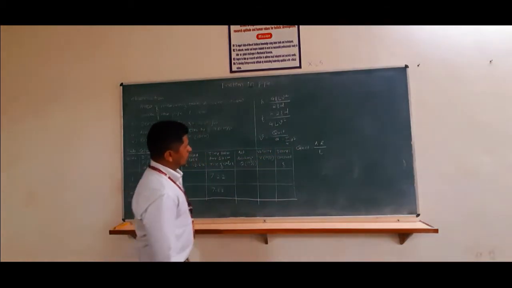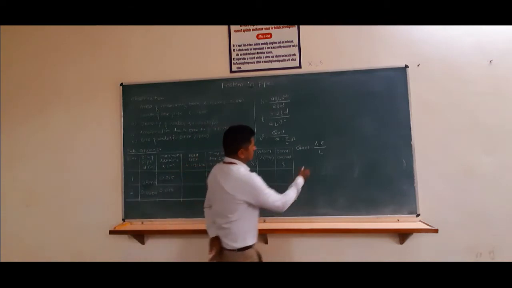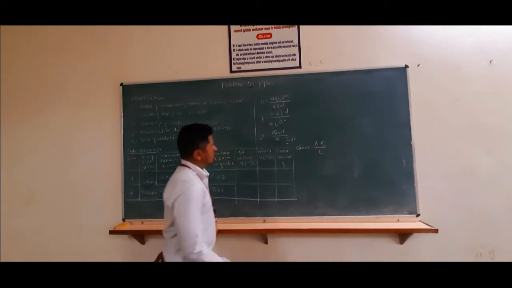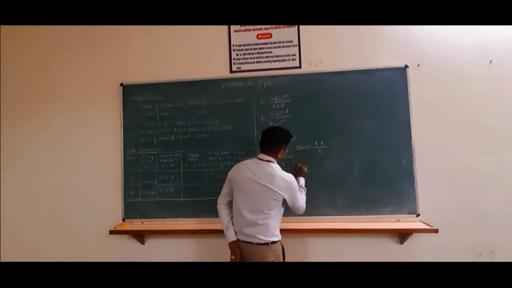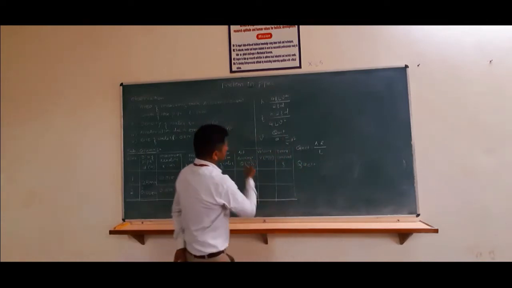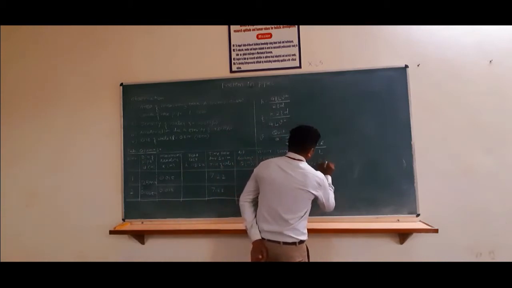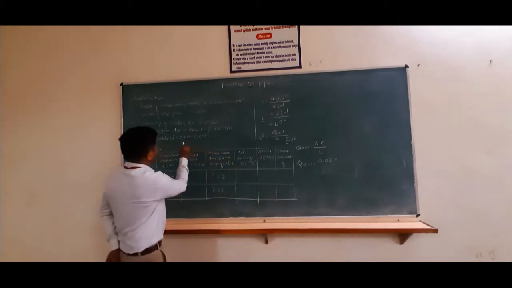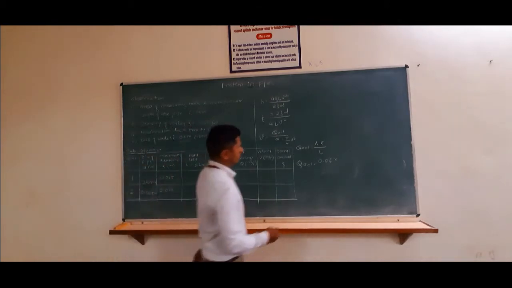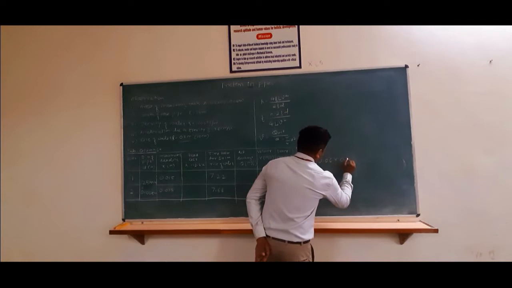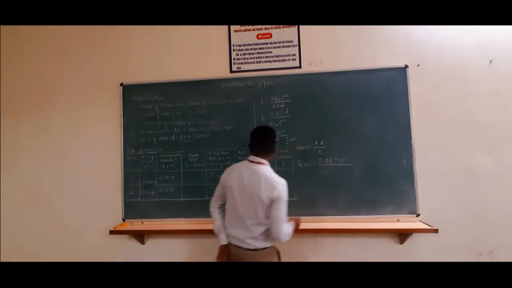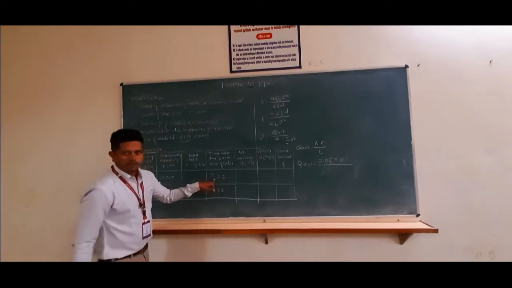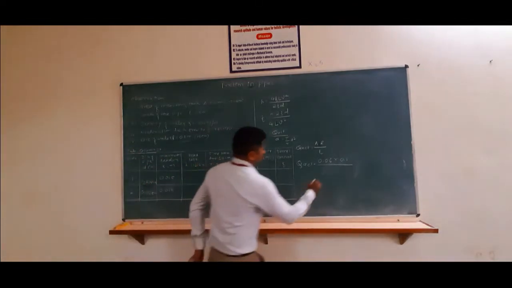Okay, so first we find out the actual discharge. Q actual is equal to the area 0.06 into the rise of water, that is you have taken 0.1 meter, so 0.1, divided by the time taken, 7.22.